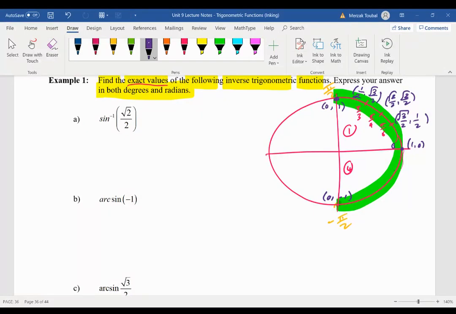How about negative angles? So this would be negative pi over 6, negative pi over 4, negative pi over 3. This is clockwise direction. And this is negative pi over 2. So what are the coordinates of these points? Of course, this would be root 3 over 2, negative 1 half.